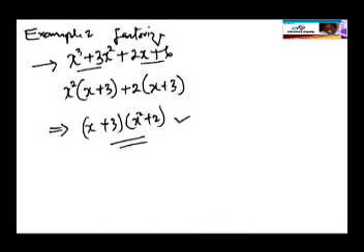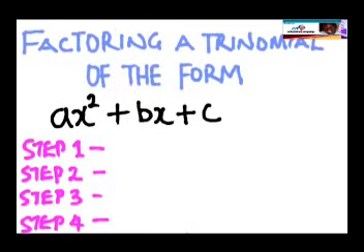We're going to be looking at more of factorization. Today we'll be looking at factoring a trinomial of the form ax squared plus bx plus c. If you look very closely at this trinomial, a trinomial means a 3-term expression. So you have term 1, which is this over here, term 2, and term 3.